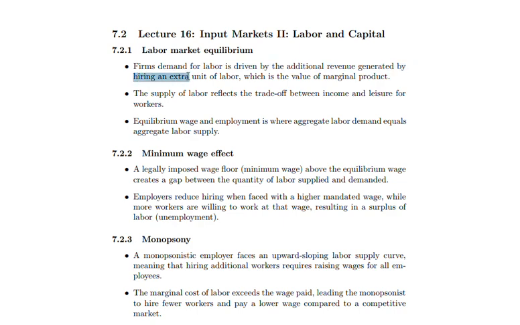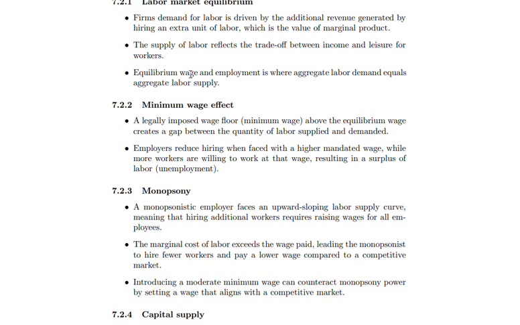The supply of labor reflects the trade-off between income and leisure for workers. So the equilibrium wage and employment is where aggregate labor demand equals aggregate labor supply. Now the suppliers are people and the demanders are firms.